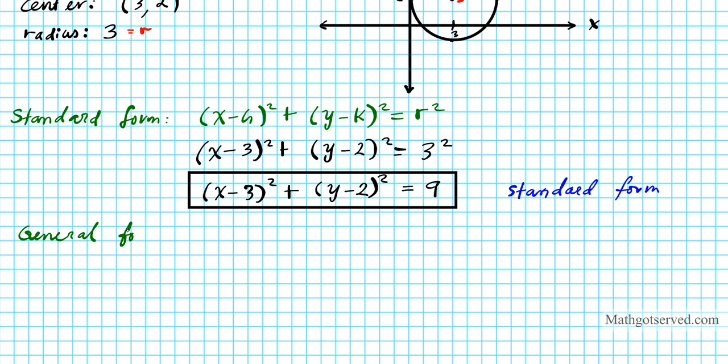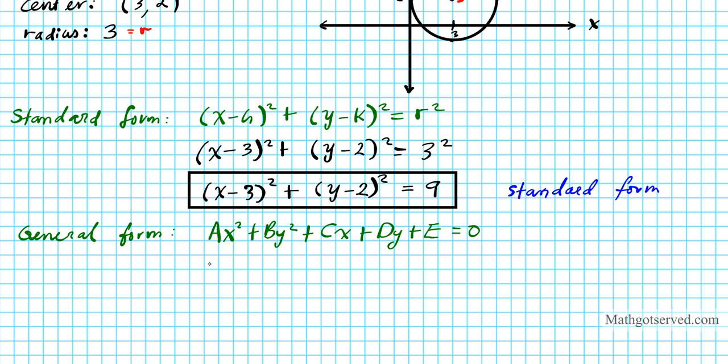The general form is ax squared plus by squared plus cx plus dy plus e equals 0. What we're going to do with this is expand, combine like terms, and organize the variables, setting everything equal to 0.